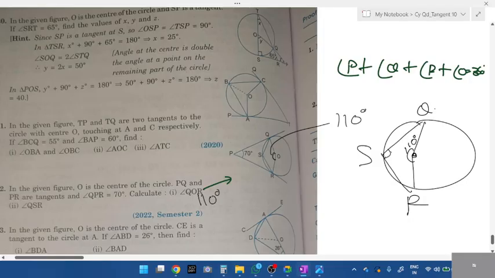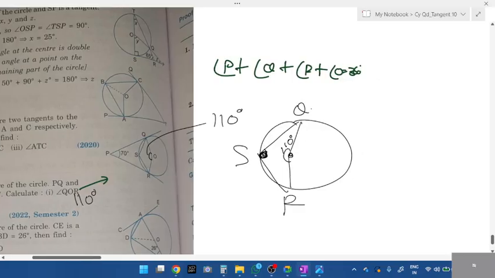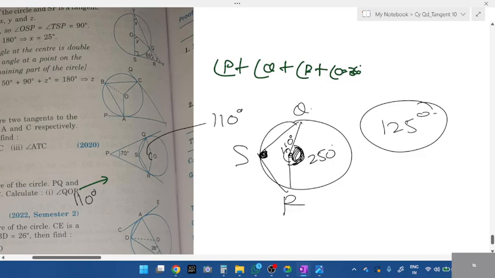How do you find QSR? Where is this angle? Center or circumference? Circumference. But we don't need this 110. Which is the other one we need to find? Very good. Reflex. What is reflex? 360 minus 110 is 250. What is half of 250? 125. Yes. 125, 250 plus 110 is 360.